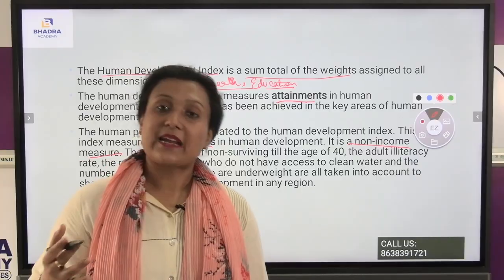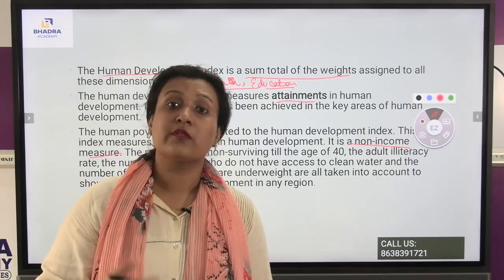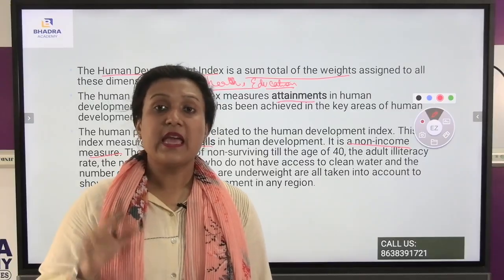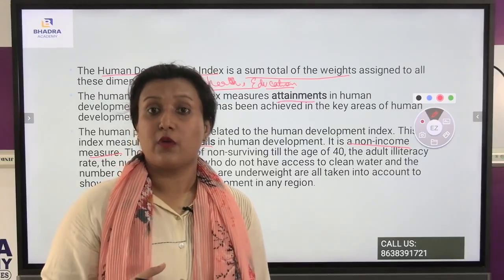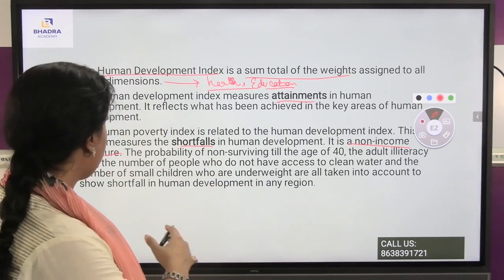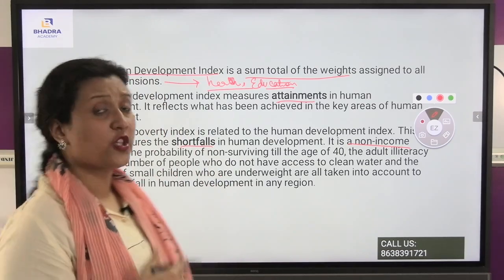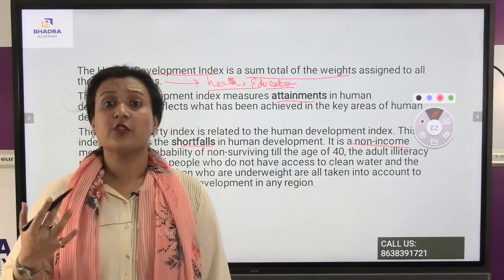Most of the people die at the age of 40. So this is also the non-surviving element. First comes the adult illiteracy, second comes the non-surviving element, and third comes the small children who are underweight.